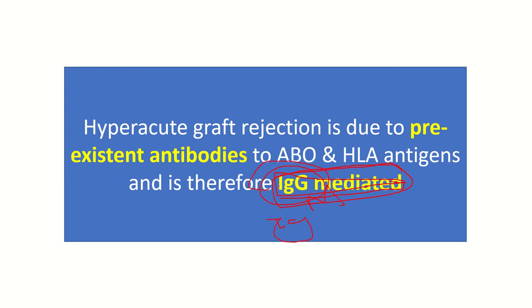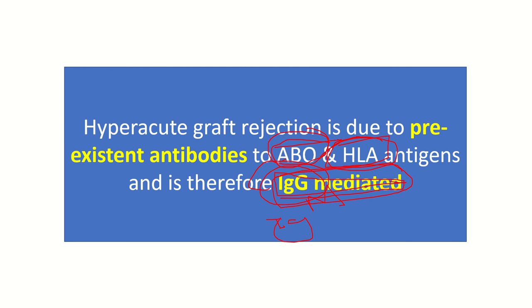In this case, the reaction occurs between the patient's antibody and the donor's antigen. In case of a patient with antibody against ABO or against HLA, this antibody is present for a long time before, usually present for a long time in his or her blood.